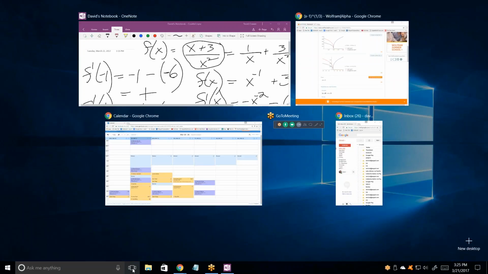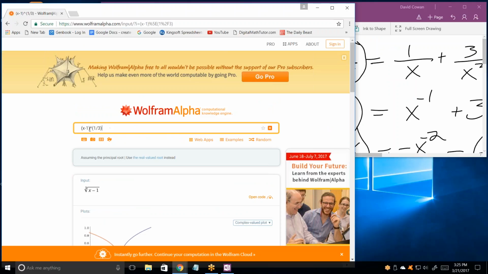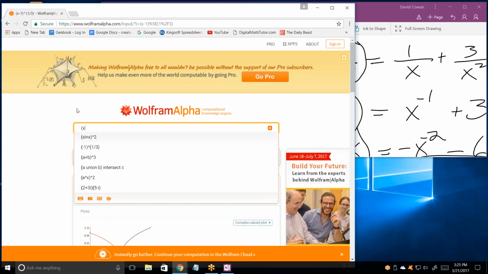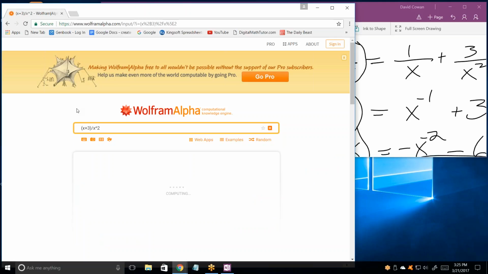x plus 3 over x squared. And it's really important to distinguish between whether you're talking about the function, the first derivative, or the second derivative.